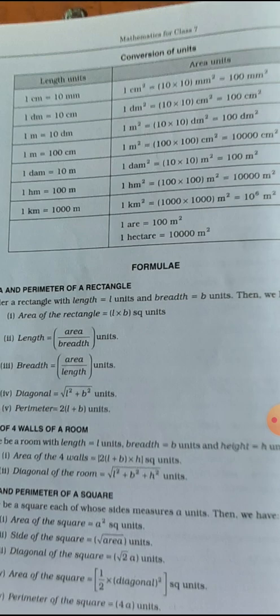Similarly, 1 decimeter is equal to 10 centimeter, so 1 decimeter square is equal to 100 centimeter square. Similarly, 1 meter is equal to 10 decimeter, so 1 meter square is equal to 10 into 10 decimeter square.